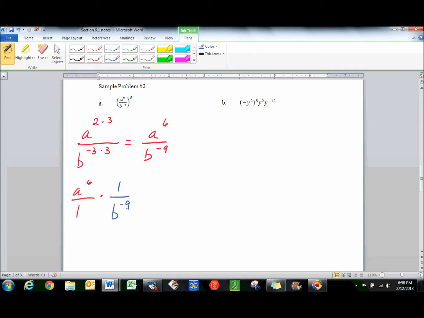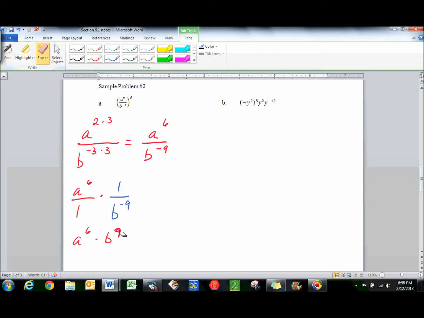And if you recall back from our previous properties, if we have a negative exponent, we can just flip the numerator and denominator and make the exponent a positive value. So that's what we're going to do in this case. A to the 6th is over 1, which is understood, we don't need to write that, but the B to the negative 9 needs to be flipped with its 1, and so then that gives us B to the ninth power.